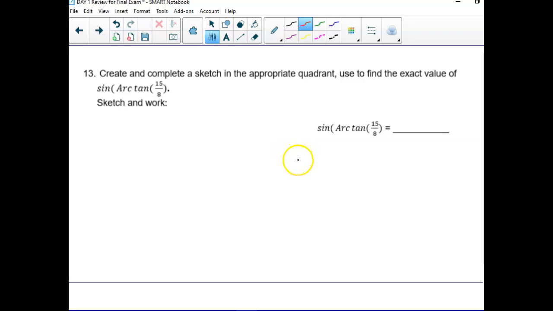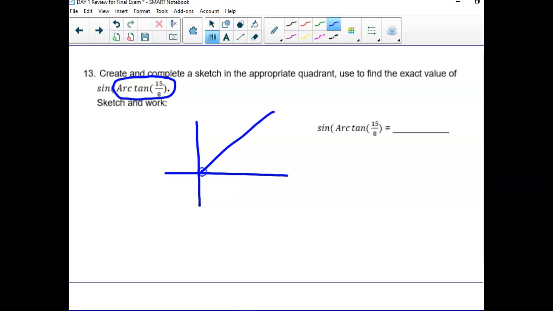All right, this is an inverse question, but it's a sketch question. This is basically very similar to what we asked at the very beginning of this about draw and tell me the values. So it says we have some angle whose tangent is 15/8. It's positive, so it's quadrant 1.